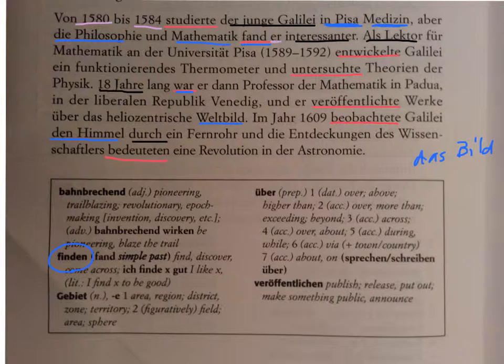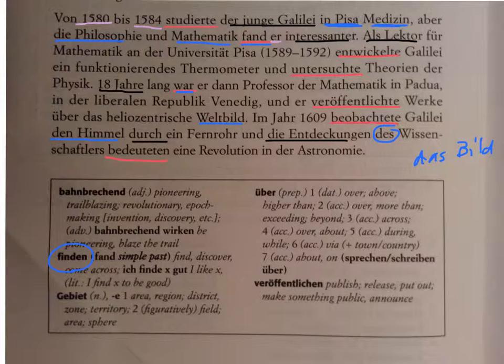In the year 1609, Galileo observed the heavens through a telescope, and the discoveries, that's die Entdeckungen, the discoveries of the scientist, by the scientist, genitive case, but it's really a possessive, of the scientist. The discoveries of the scientist, in our verb, meant a revolution in astronomy.